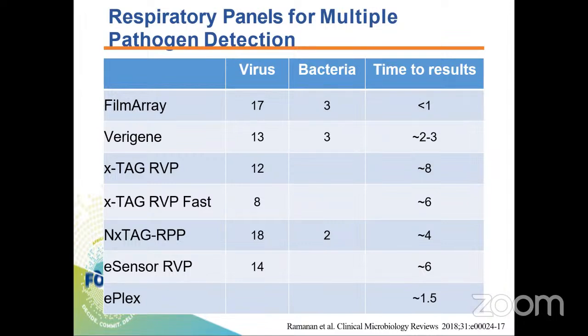If you're targeting lower respiratory tract infection, here you could be looking at more of the bacteria than the viruses, and also inclusive of some of the atypical bacteria that I've already talked about, things to do with chlamydia and so on. The other target instruments are Verigene, Extended RVP, eSensor RVP, depending on which instrument you prefer.